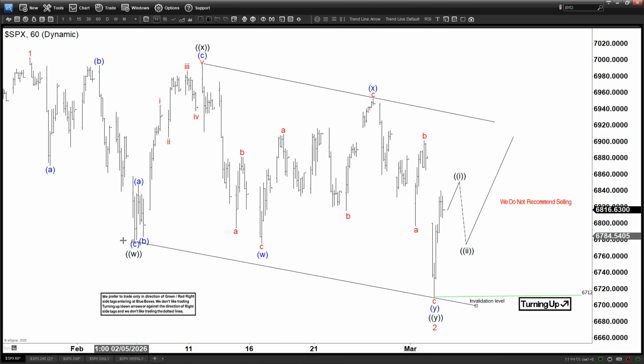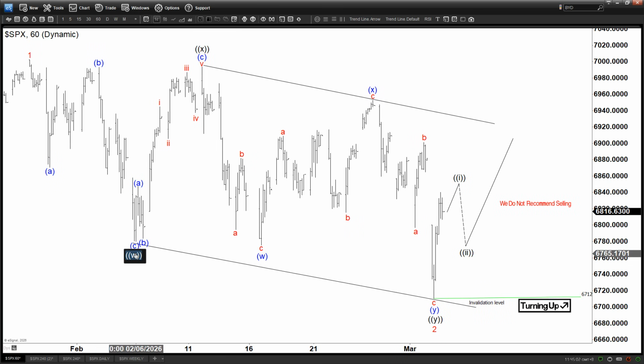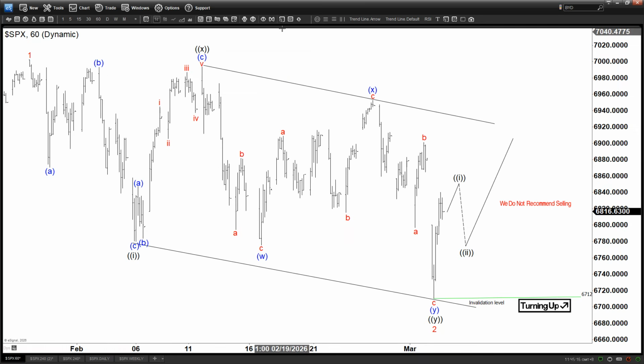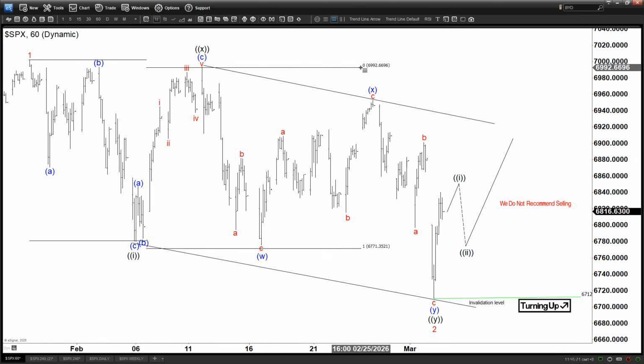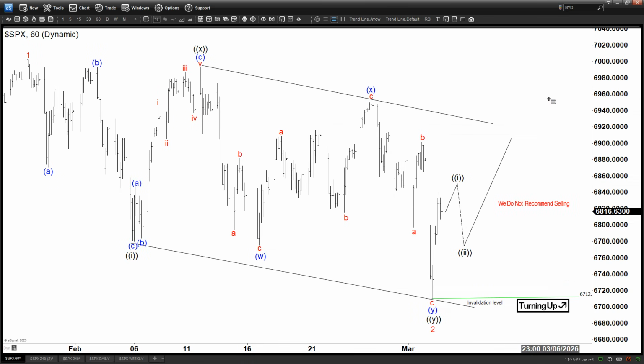So you can call this ABC ending 1, right? This is 1, and this is 2, and this is ABC 3, this is 4, and this is 5. Now I don't know if that's even possible, because that would require the 3 not to be the shortest wave. I'm not sure, the 3 here may become the shortest wave, which is not possible, so it's not possible to call it that way.